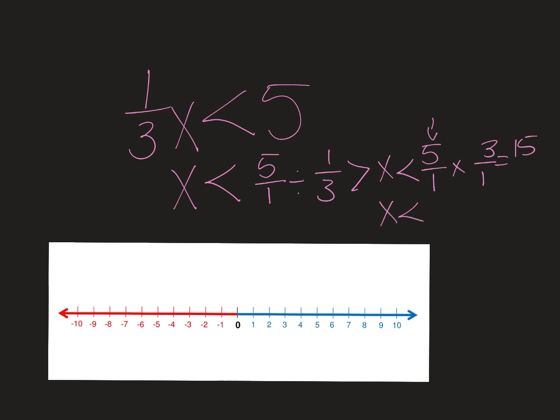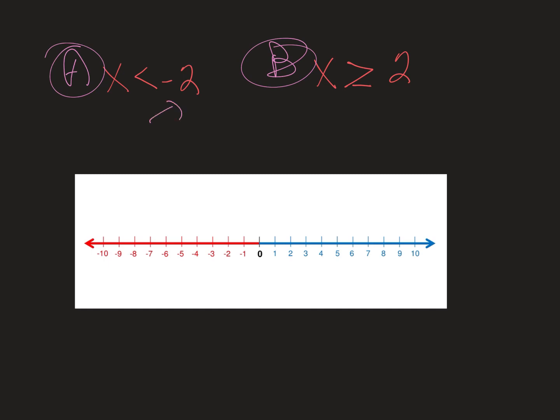So x is less than 15. In this case, I don't have a 15 out here, so we're just going to say it's right here. So x is less than, it's an open circle, and it's smaller, so your arrow is going that way. Okay? If you think about it, that's the exact same problem that is on your quiz tomorrow, the fraction one. Exact same problem. Just saying.